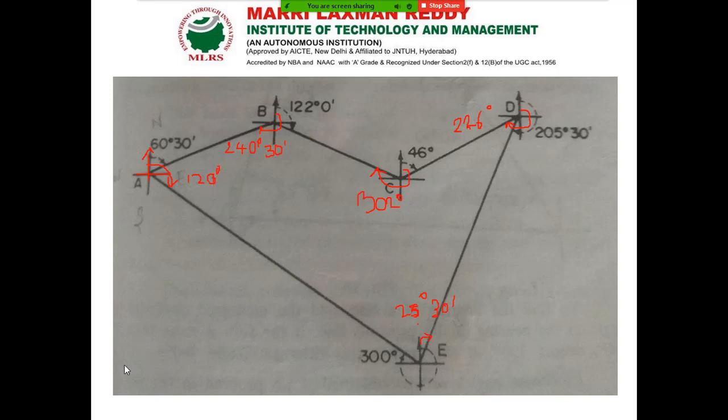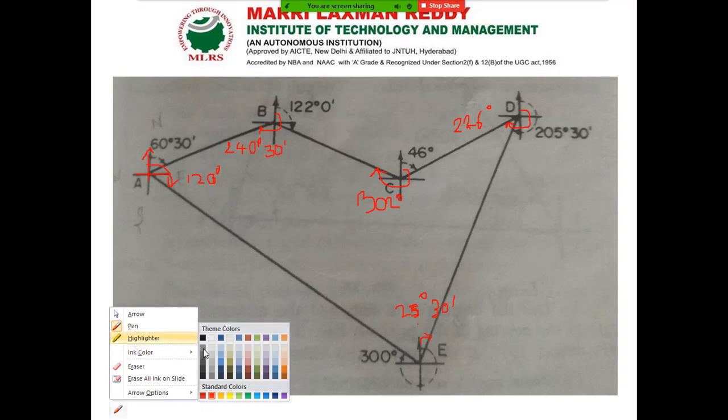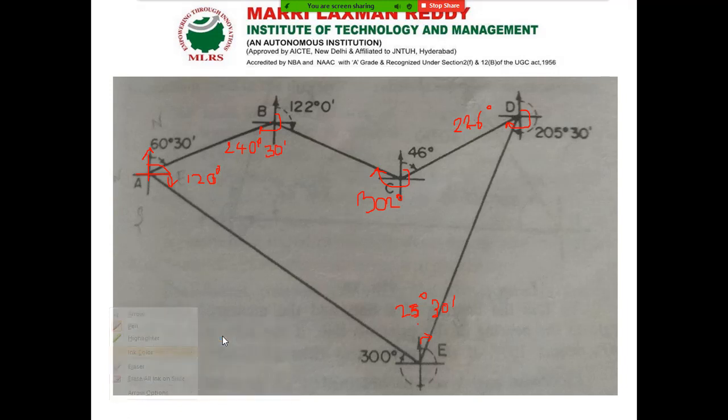So now we have to calculate the included angle or interior angle. Okay, so interior angle, what is the formula? Back bearing of previous line. For example, if I am going to take included angle at point A, the formula becomes back bearing of previous line.